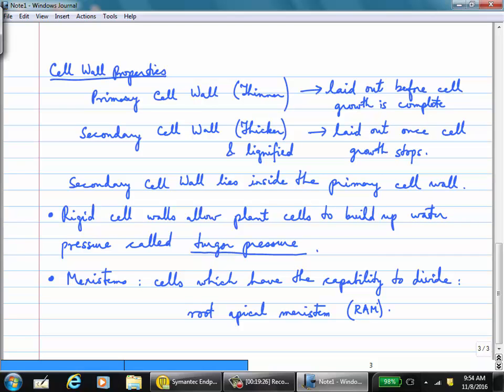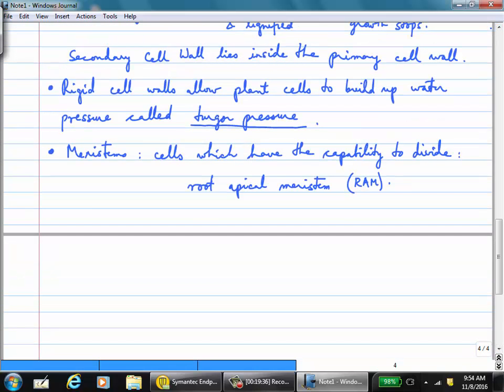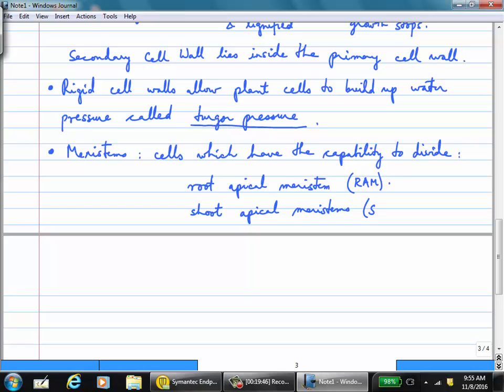They are the stem cells from which the other tissues of the root will grow, roughly speaking. Then you also have shoot apical meristems, SAM.